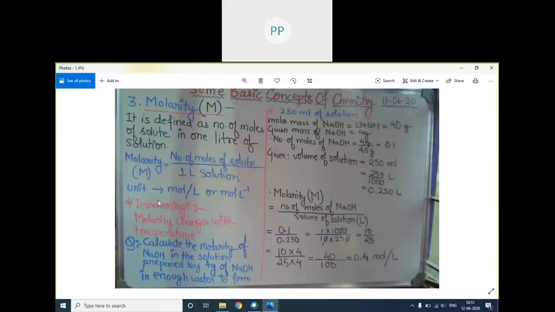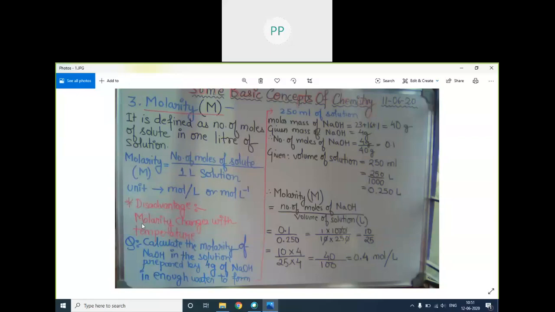So in molarity we have the volume term. The denominator is the volume term, volume of solution in liter. So if we increase the temperature, this volume will change and automatically it will harm the molarity value. So this is the disadvantage.